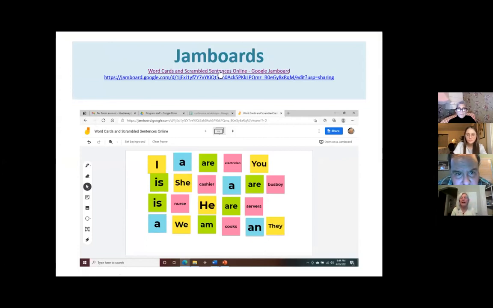So what I wanted to say was, when I was thinking about doing this with you, I realized, oh my gosh, there's going to be so many people here. This is going to become a big mess very quickly. But as you can see, the way it would work is you would move the sticky notes around to form sentences.